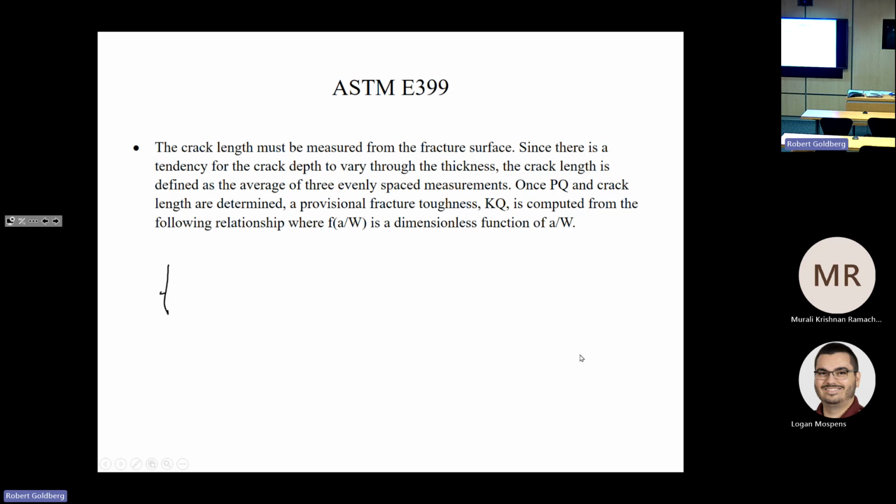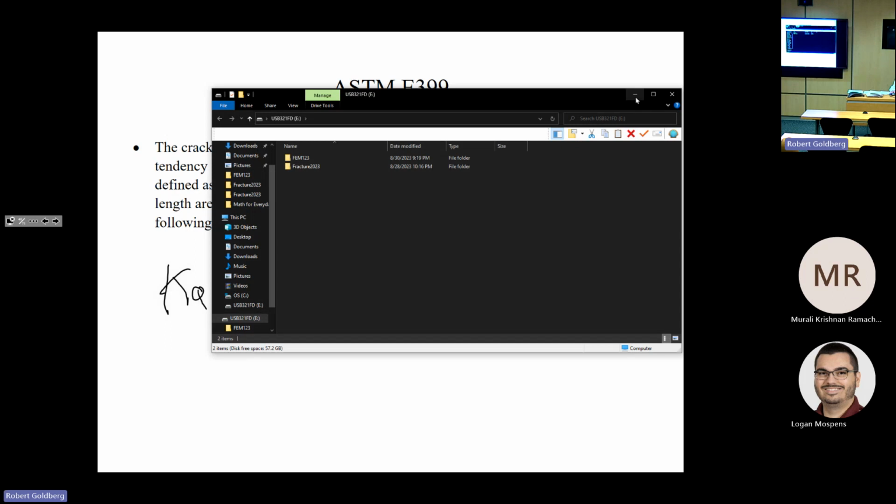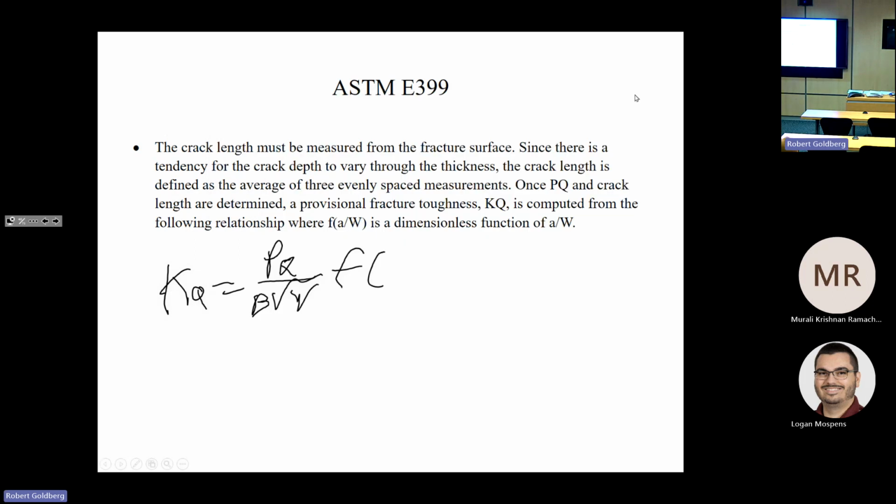So your provisional fracture toughness KQ is equal to your PQ times thickness times the square root of the width times your function of A over W.